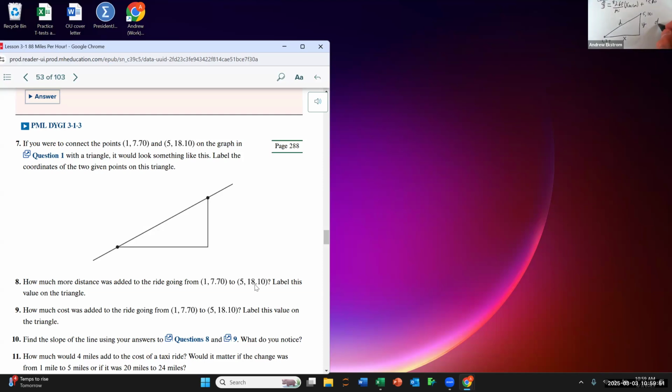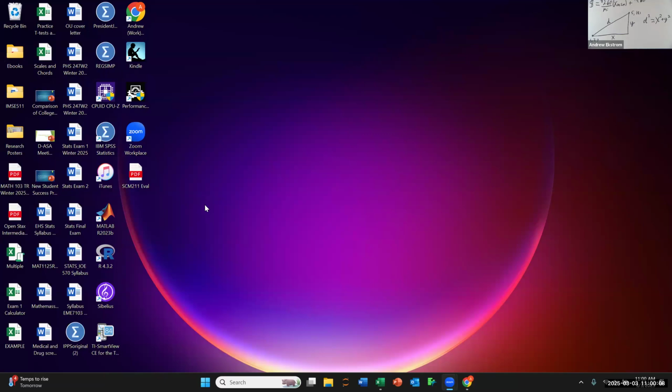And then we all remember Pythagorean's theorem, right? A squared plus B squared equals C squared. That's actually the formula that we're going to be using here. A thing that we need to figure out, though, is how long is X?